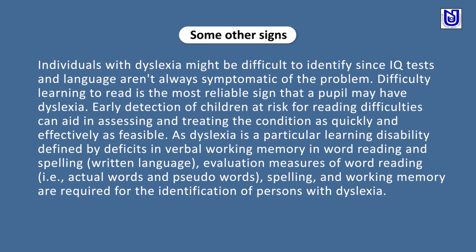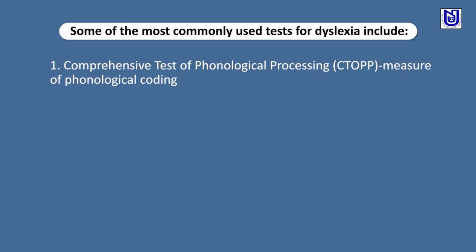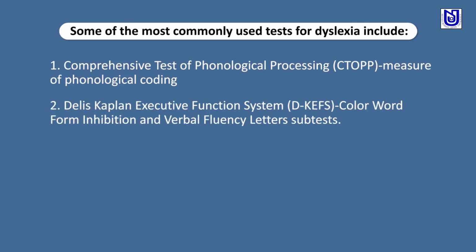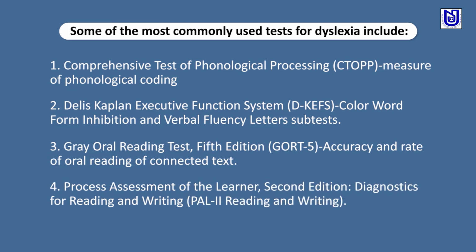Now I'll say some of the most commonly used tests for dyslexia, which include the Comprehensive Test of Phonological Processing, in short CTOPP. Then there is Delis-Kaplan Executive Function System. Then there is Gray Oral Reading Test. There is Process Assessment of the Learner.